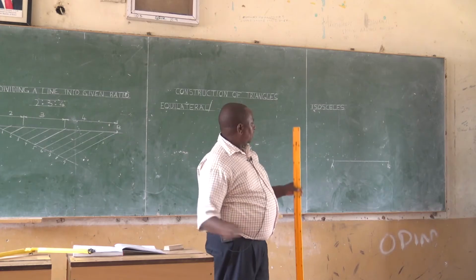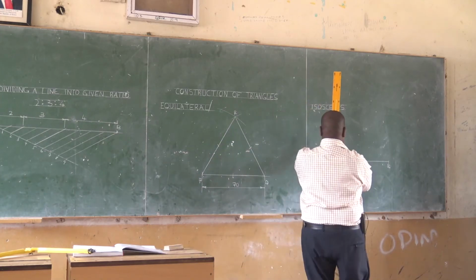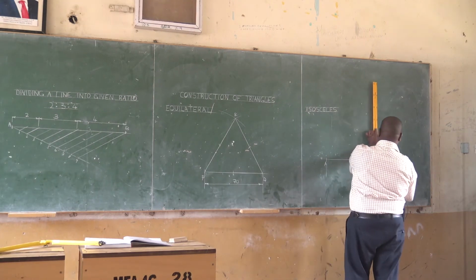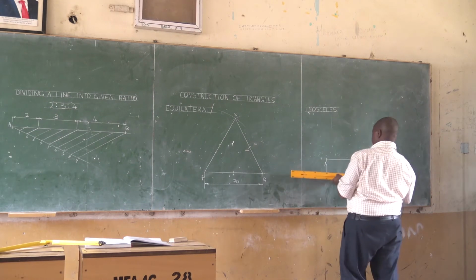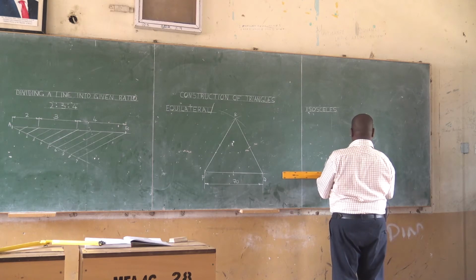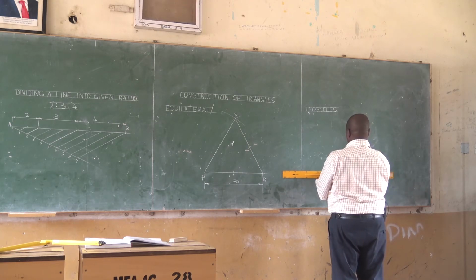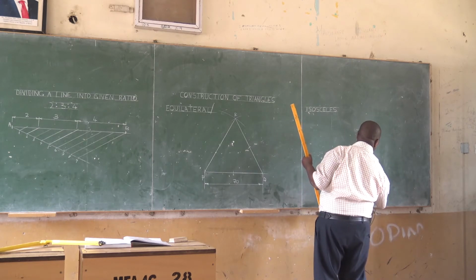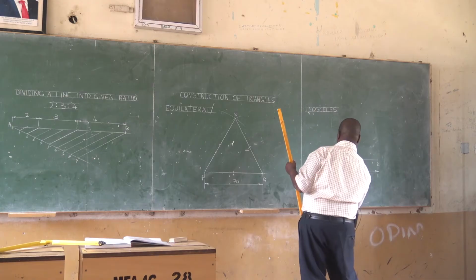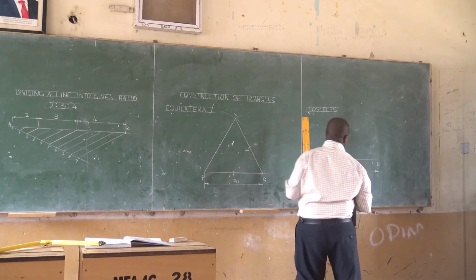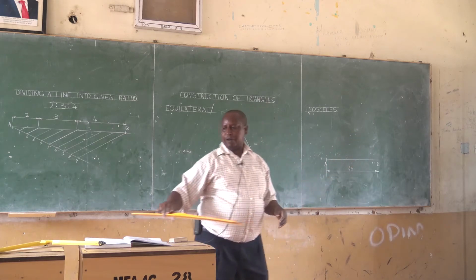If you are given the side, the length of AB, say 60, and a vertical height of 55 millimeters.